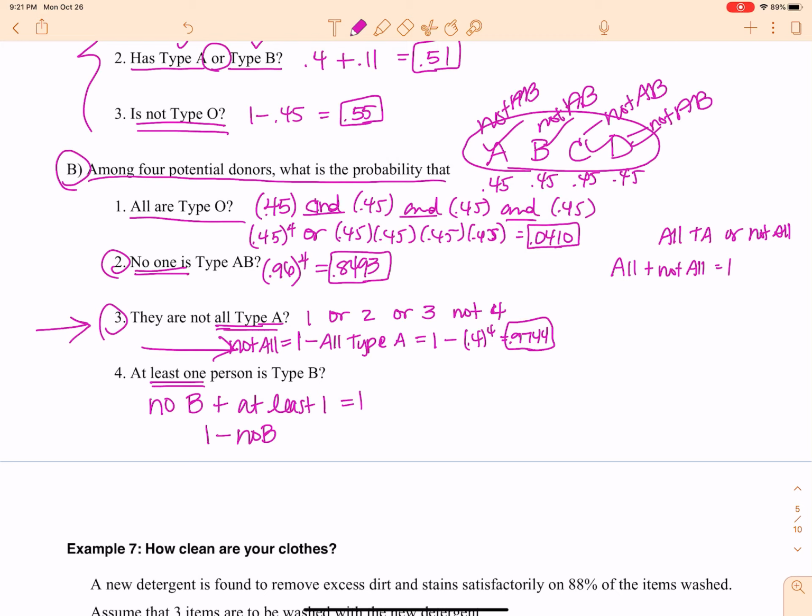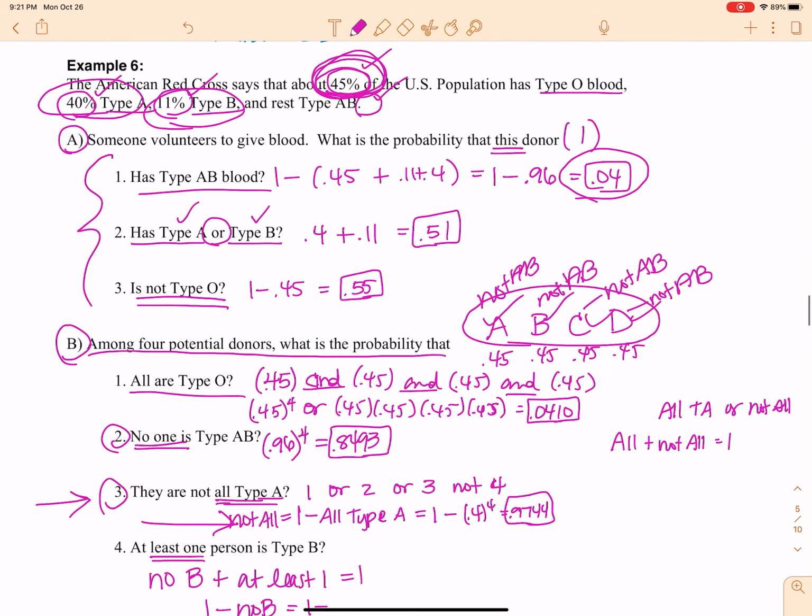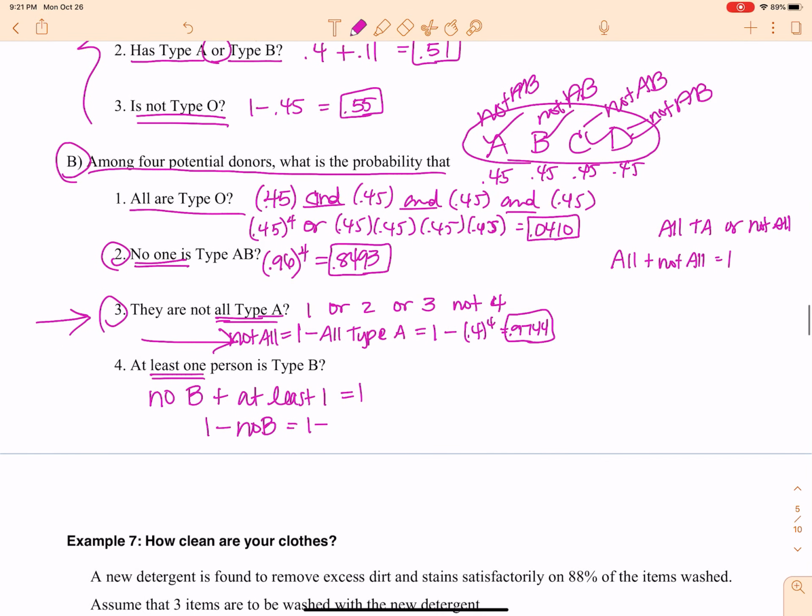So 1 minus no B is going to be 1 minus, what is type B? 0.11, so that would be 0.89 to the fourth. So 0.3726. Neato speedo.